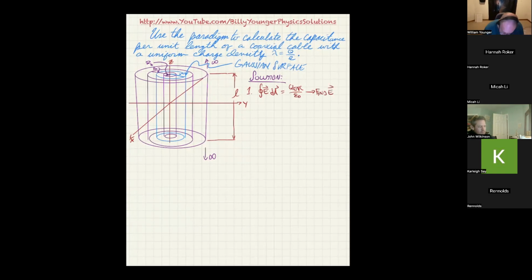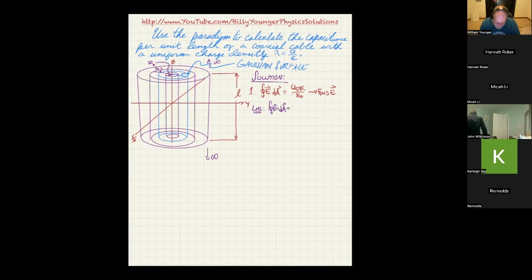Okay, so left-hand side, this is where I'm using it like I would do in an actual test setting. So I know the left-hand side of Gauss's law is always supposed to come out to be an electric field times an area, or some of the terms might be zero. In this case, I know that the electric field is perpendicular to the z-axis and in fact only has x and y components.